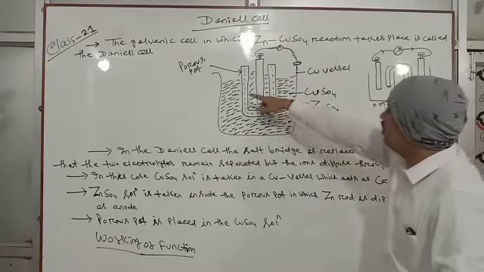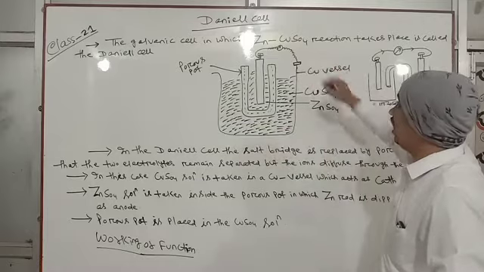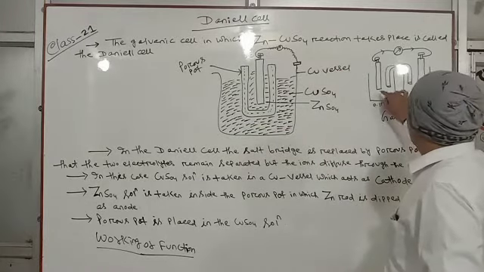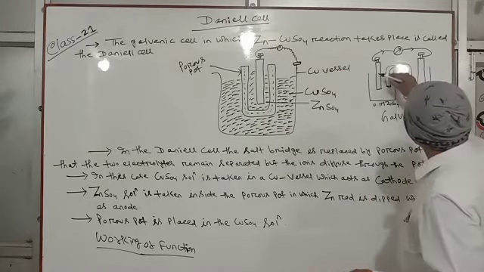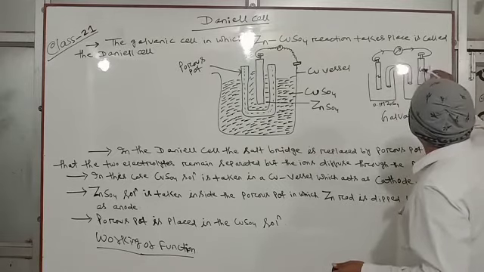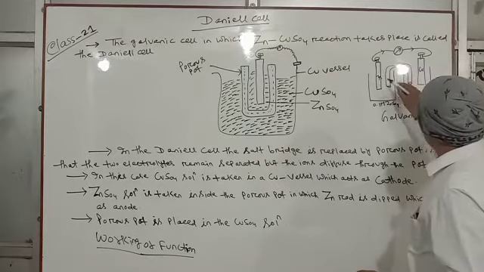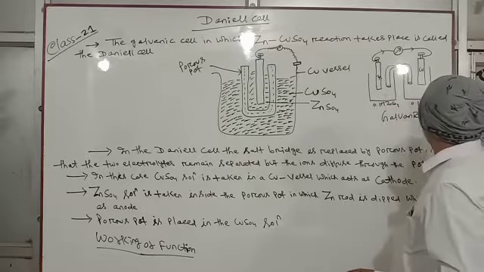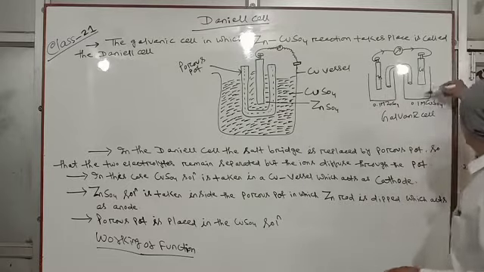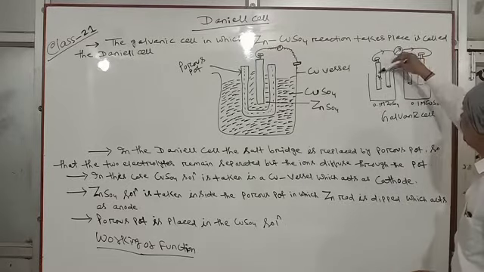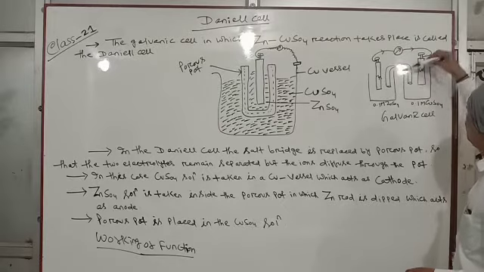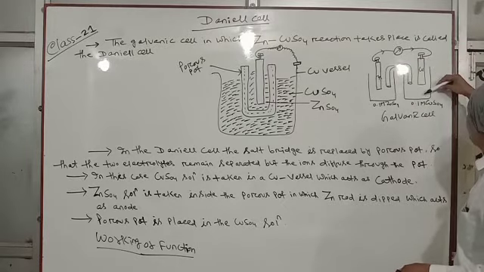Here only one vessel is required, here two vessels are required. Here is the zinc electrode, immersed in zinc sulfate solution, and the copper electrode, immersed in copper sulfate solution.